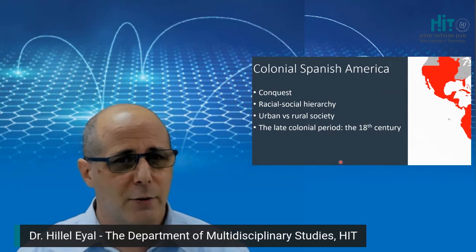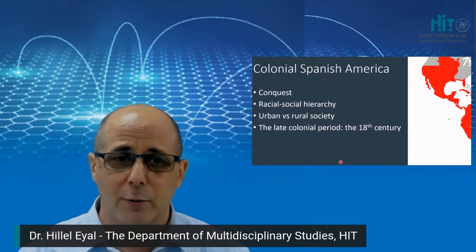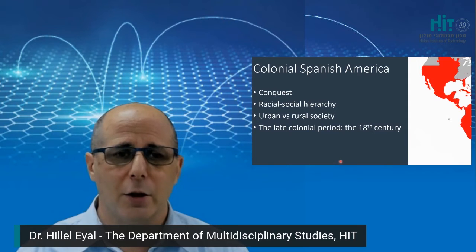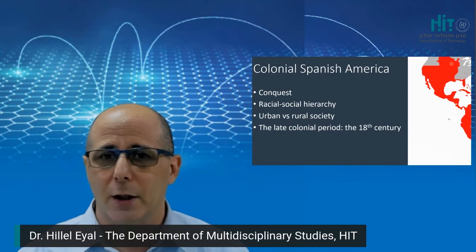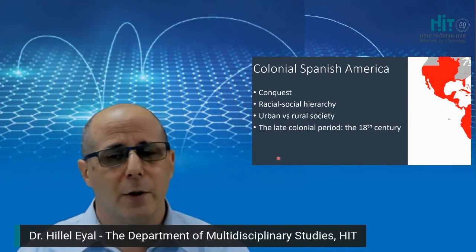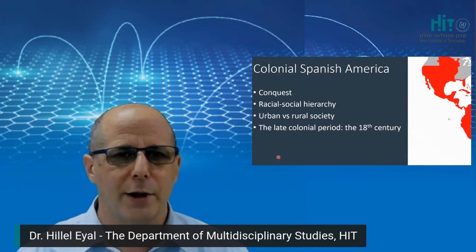Okay, a few words about colonial Spanish America. I'll try to do that quite briefly so we can get into the question of the grid. Let's begin with the conquest. The Spaniards conquer Spanish America, this area that we see here in red, in the early 16th century, following Columbus and the Great Conquest.